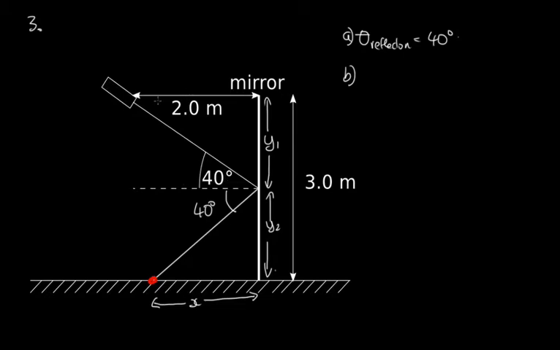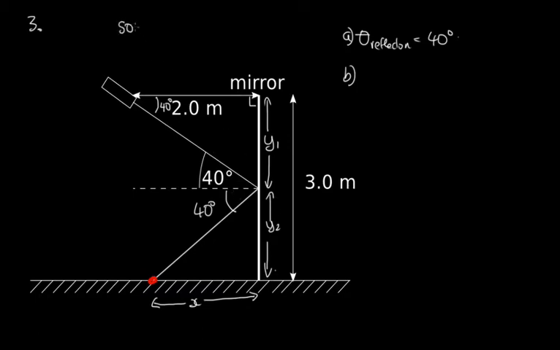These two lines are parallel, so these are alternate angles on parallel lines, so that's 40 degrees up there. The other way to work that out is that this is 90 degrees, so this angle in here is 50, this angle up here is 90 degrees, so 90 plus 50 plus whatever this angle is has to be 180 degrees because it's a triangle, so that tells you that that is 40 degrees as well.